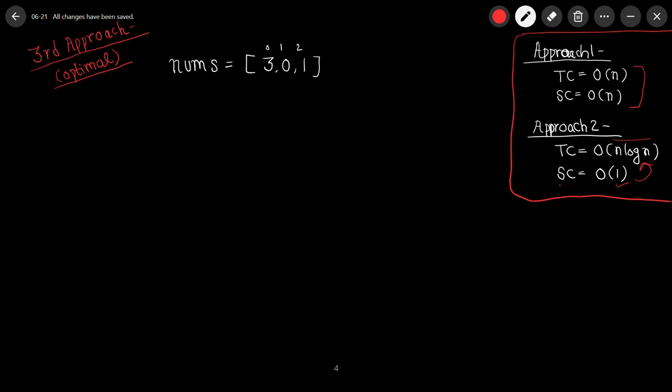So what we want is a better solution. Time complexity can't be better than big O of n since we need to traverse the entire array. Only then can we have info of all the elements present. So it cannot be reduced. Coming to the space complexity.